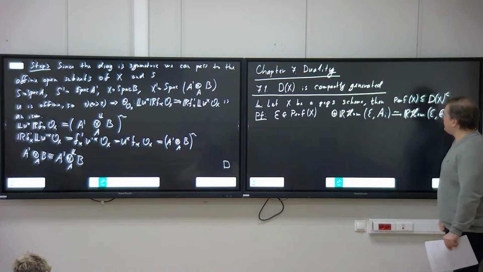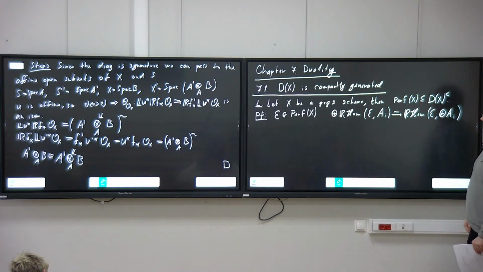So I have this formula. Do you see why this is a correct formula when E is perfect?